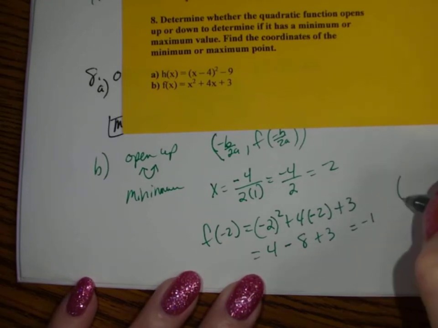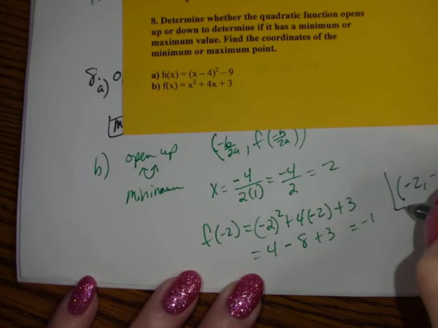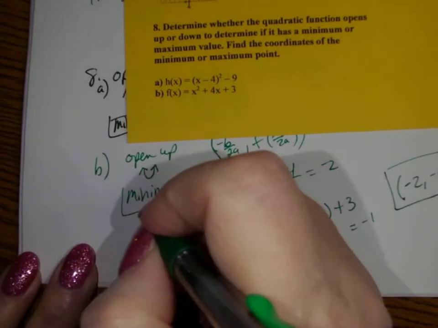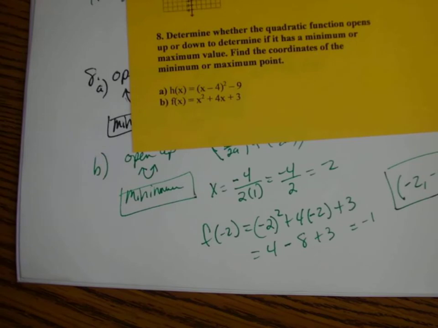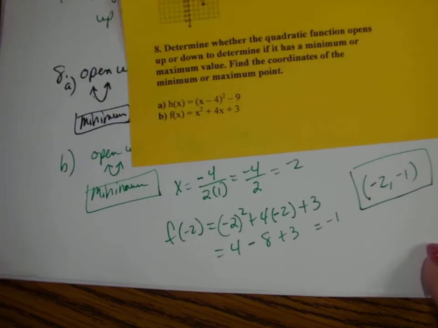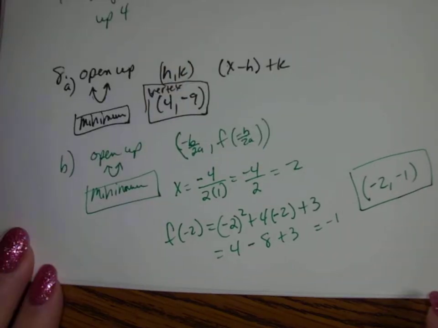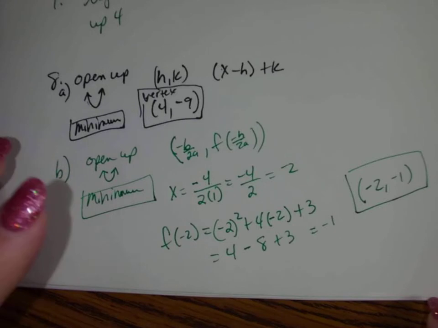So that means our point will be negative 2, negative 1. So it's a minimum with a negative 2, negative 1 vertex. So two different ways of finding that vertex or that min or max.